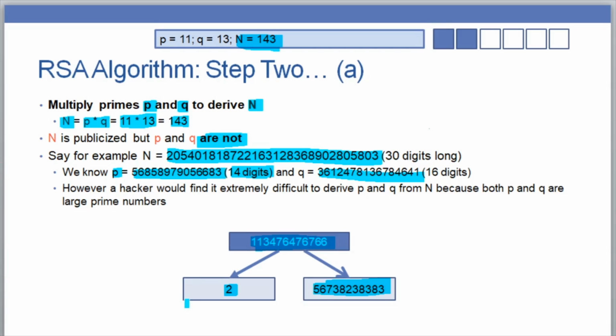Once you have found the smallest prime factor, so in this case 2, you can then simply divide n by it in order to find the second prime factor. So in essence, what matters more than the length of n is the length of the smallest prime factor, as the longer it is, the harder it is to find P and Q from n.